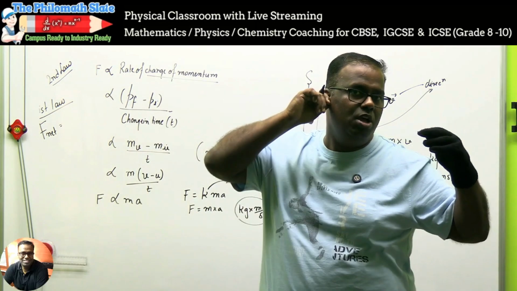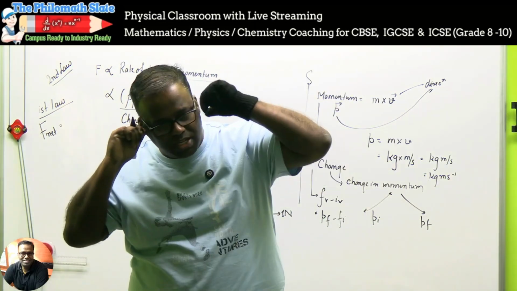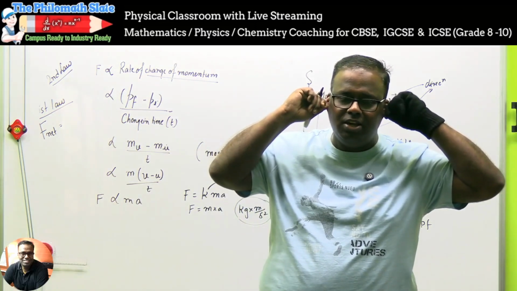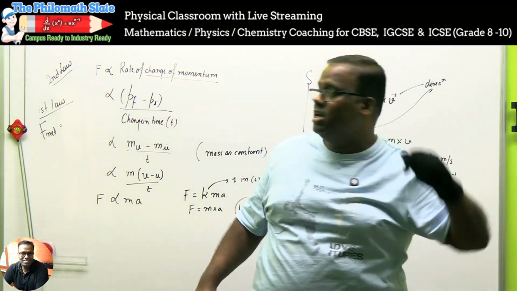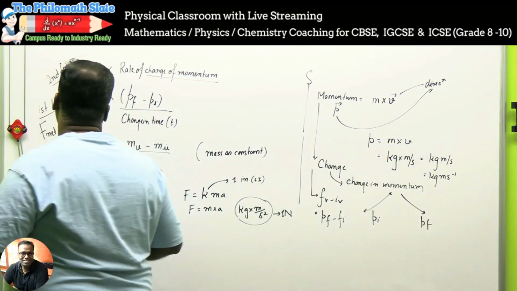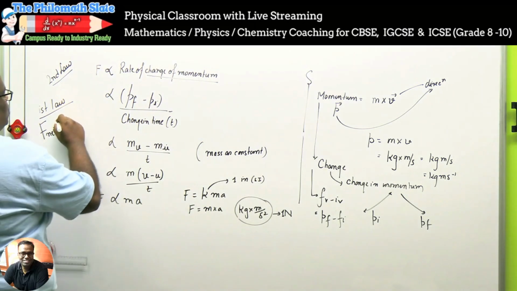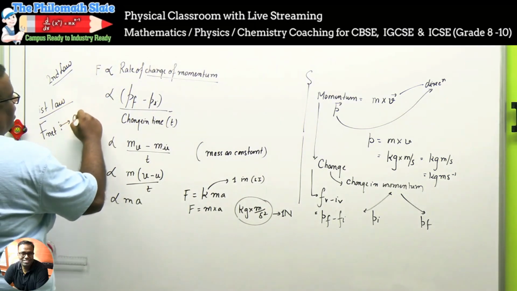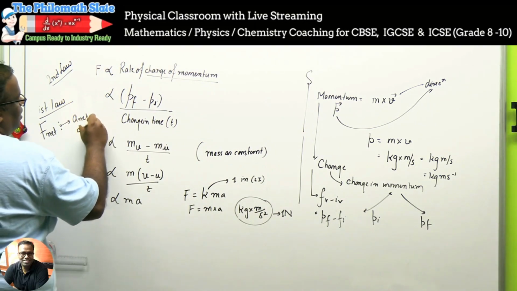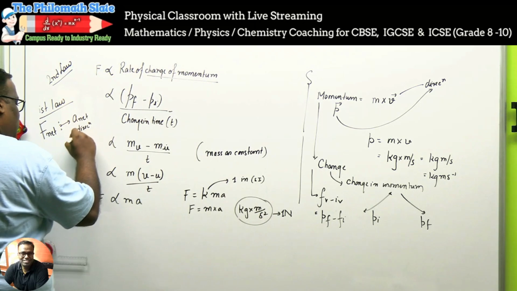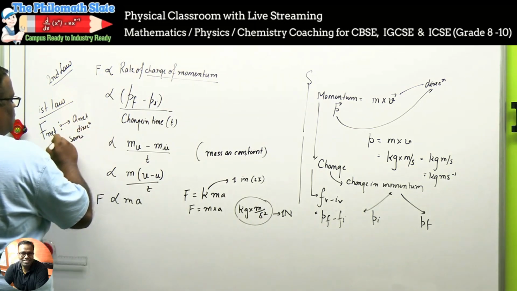For example, pull my ear with 5 Newton on this side and 10 Newton on this side. It's the same as pulling this ear with 5 Newton. So that's called net force. So when you have a net force acting on a system, that system will also give rise to a net acceleration. And the direction of this acceleration would be the same as the direction of this force.